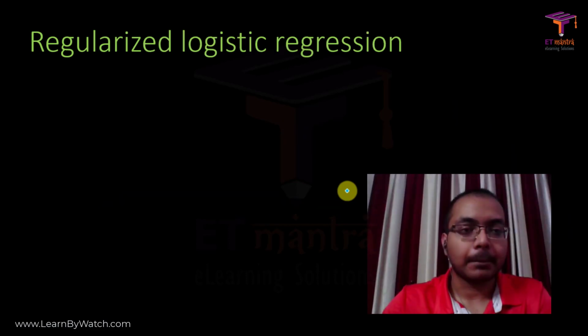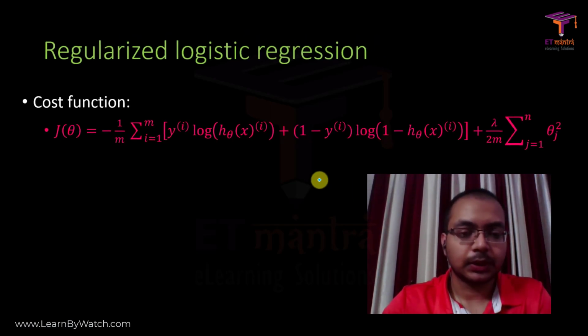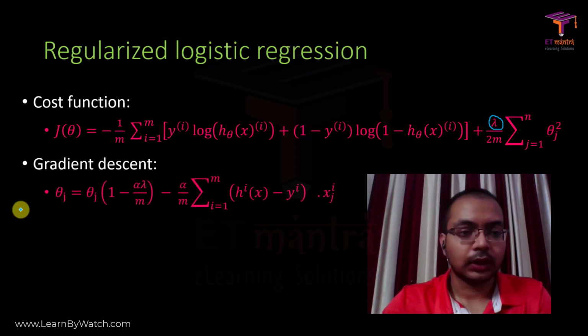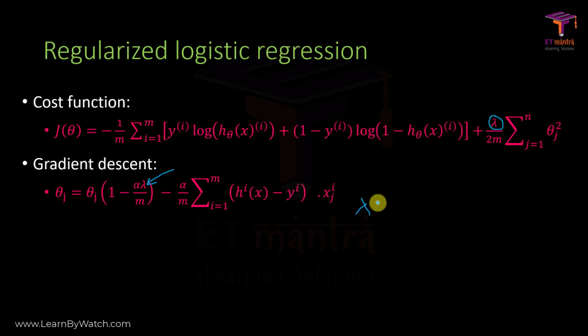Next we will see how this is used in logistic regression. So this is the updated cost function. Already it was a bit lengthy, and now we have one more term over here, and the lambda here is the regularization parameter, and the updated gradient descent formula is as such. Here also we have the regularization parameter, and as we saw previously, as we keep on increasing lambda, the regularization effect keeps on increasing and the variance decreases.